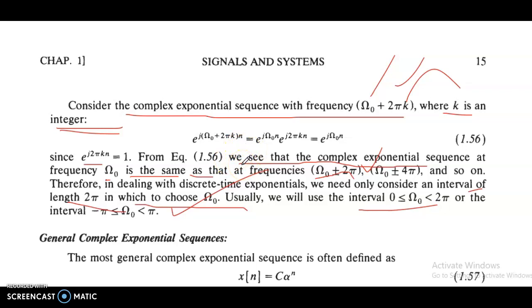Consider the complex exponential sequence with frequency omega naught plus 2 pi k, where k is an integer. Since e power j 2 pi k n equals 1, the complex exponential sequence at frequency omega naught is the same as that at frequency omega naught plus or minus 2 pi, omega naught plus or minus 4 pi, and so on.